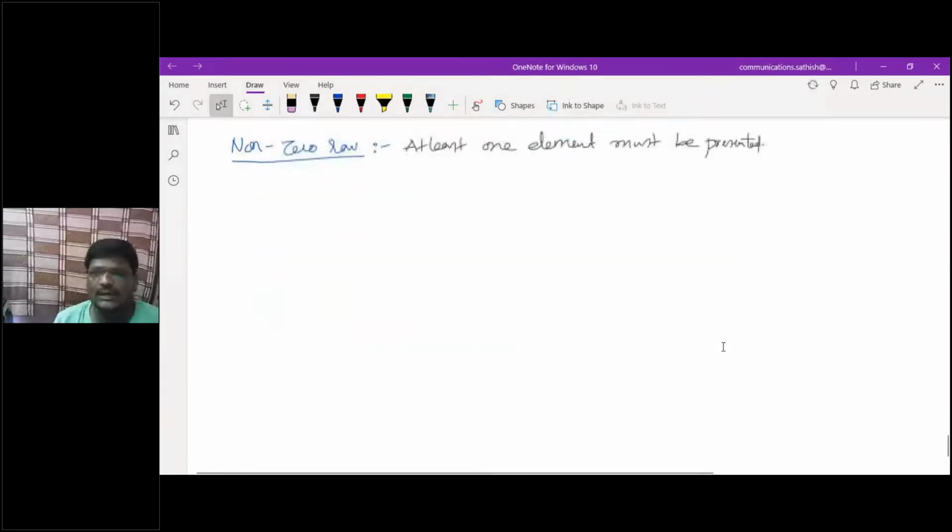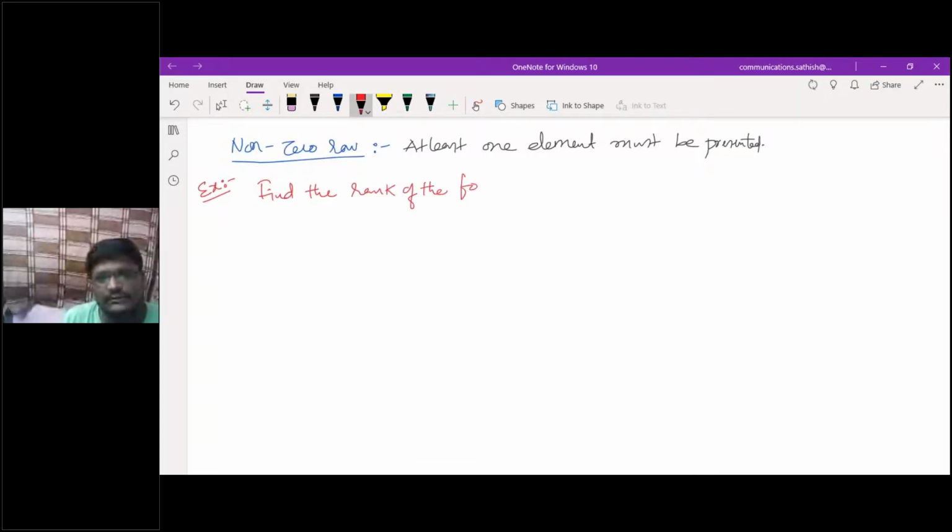So now let me take an example, ma. With an example, I will explain this row echelon form. Find the rank of the following matrix.